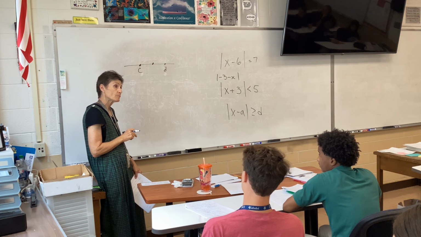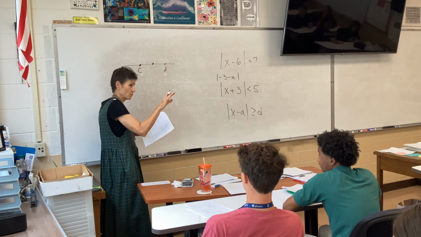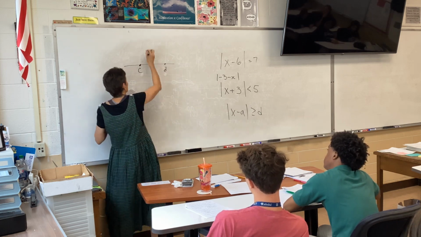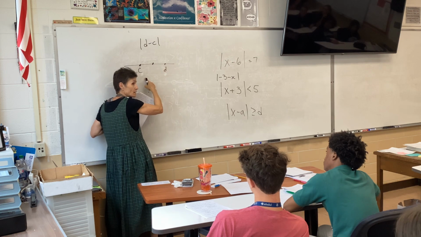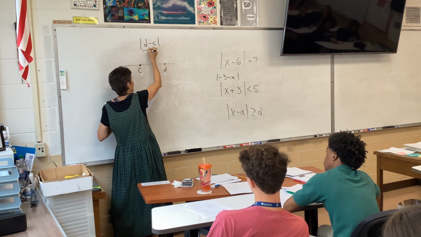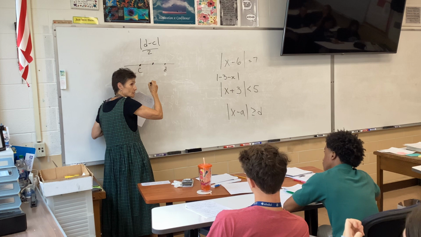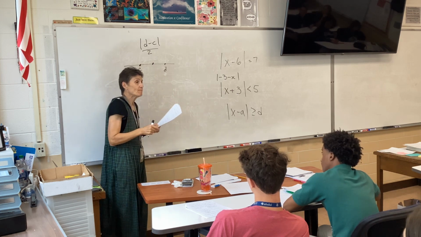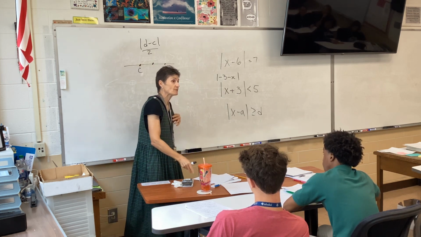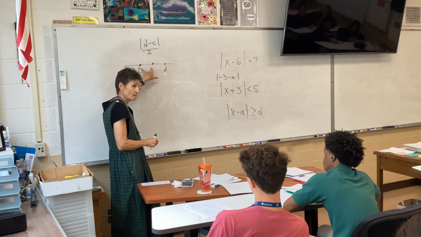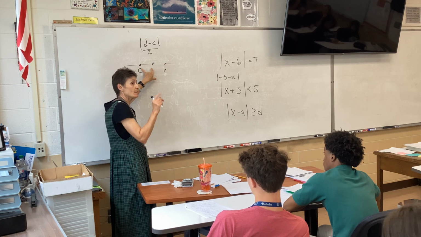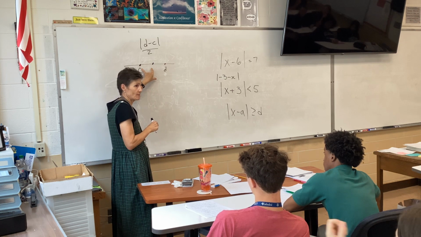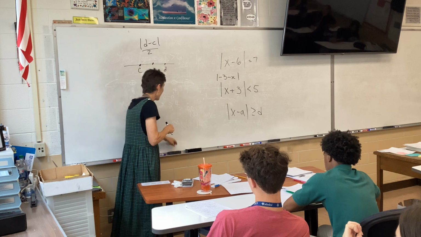Okay, so what you're saying is to do D minus C, which is the distance between them, and divide that by 2? That didn't give me the coordinate of the midpoint, that told me this distance right here. Yeah, and then take that coordinate once you apply that. Okay, you can do that, it's way easier than that though. It's way, way, way easier than that.